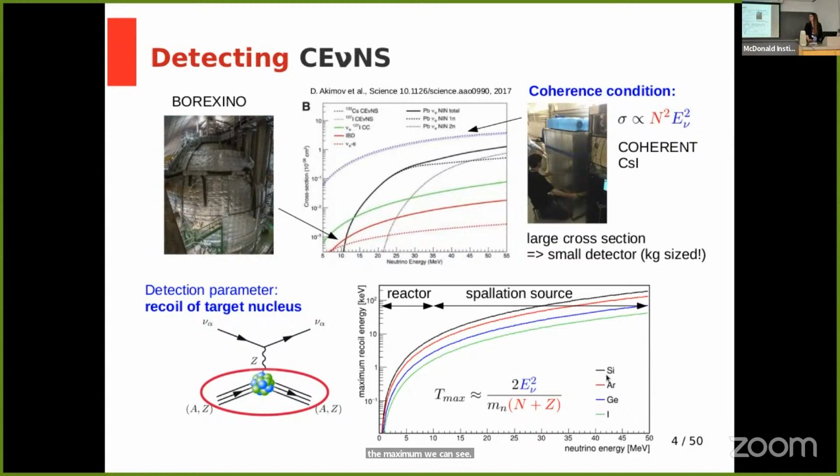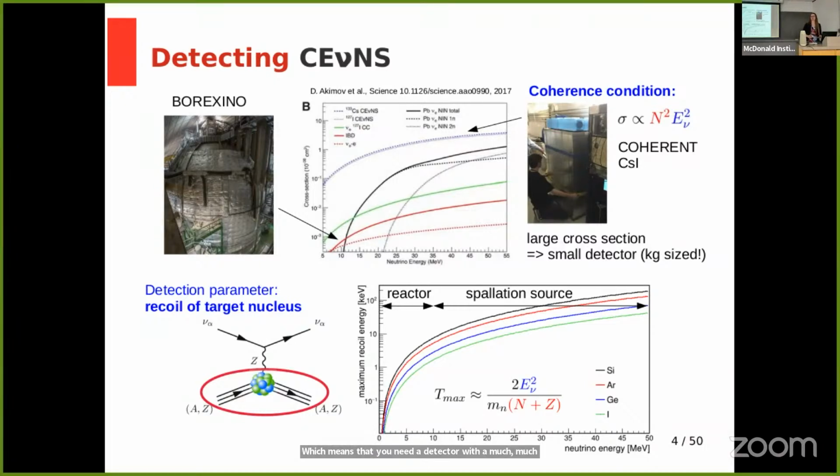And you can see here in this figure for energies below 50 mega electron volts, this recoil energy at spallation sources results in a maximum value of a few tens of keV, and at the reactor side, it's even just a few keV, which means that you need a detector with a much lower energy threshold than that.